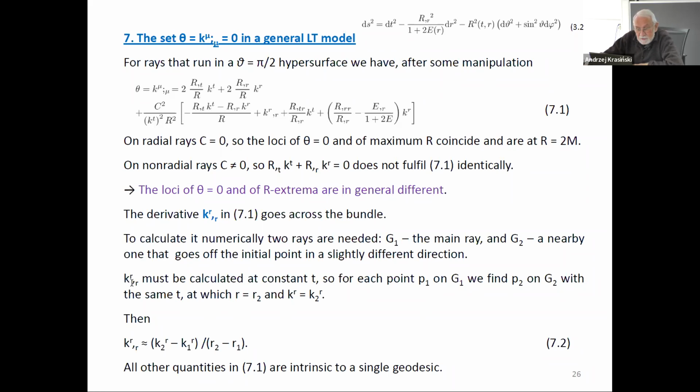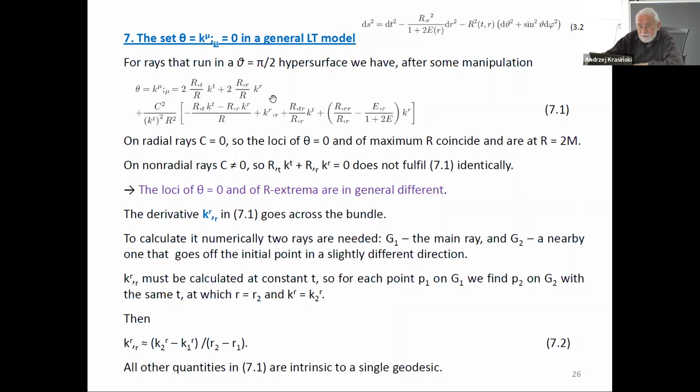And this must be calculated at constant t. So for each point on G1, we find a corresponding point on G2 with the same t. At that second point, R is equal to R2, K_R is equal to K2. And then this is the approximate numerical formula for this derivative.